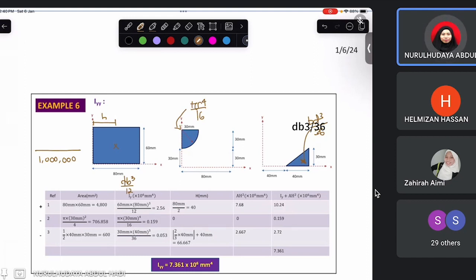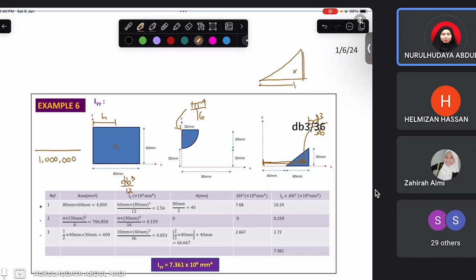Okay, so sekarang you need this. Berapa ni? Jarak ni, nak ke y-axis. So, 2/3. Kat sini you nampak dah.